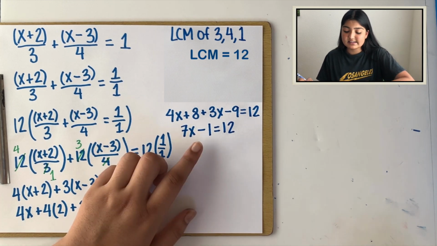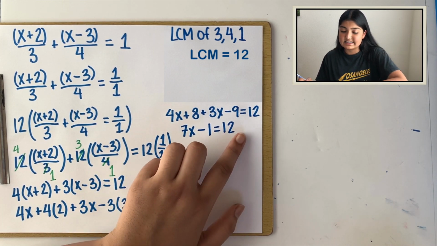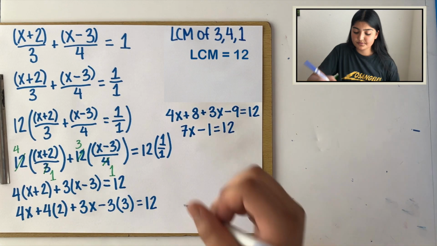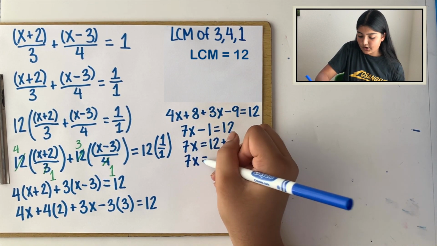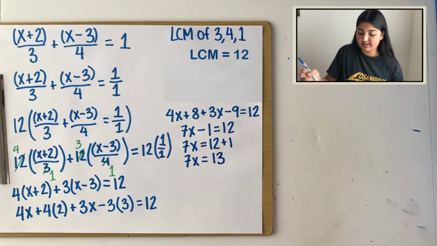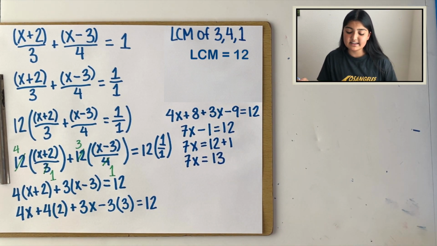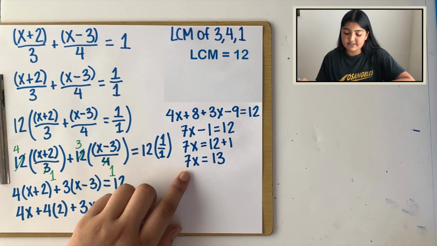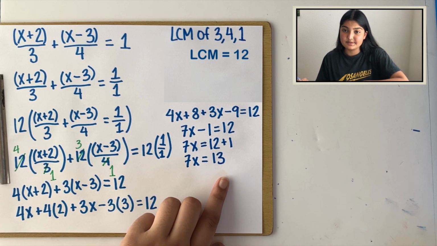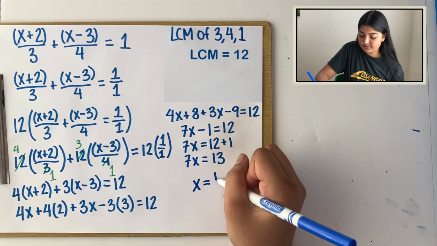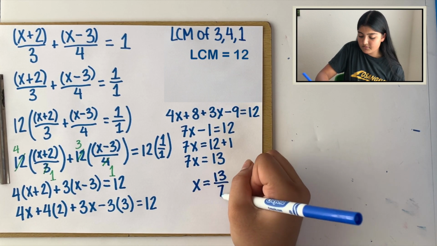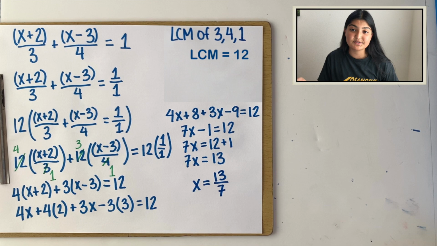Now, let's take negative 1 to the other side of the equation. So 7x is equal to 13. And finally, let's take 7 to the other side, so it will divide. This gives us a solution of x is equal to 13 over 7.